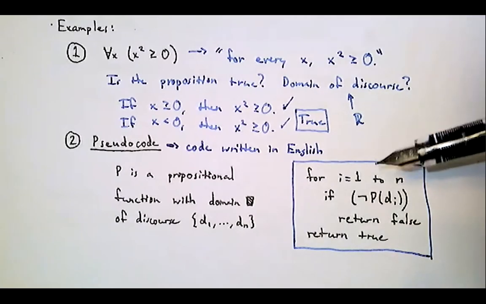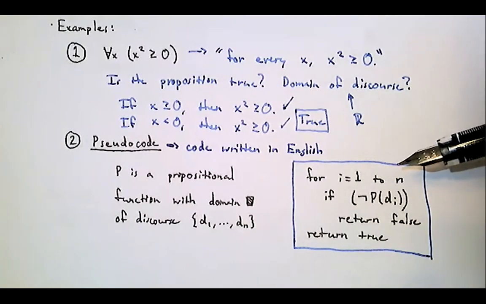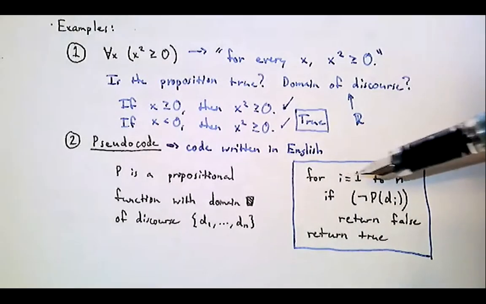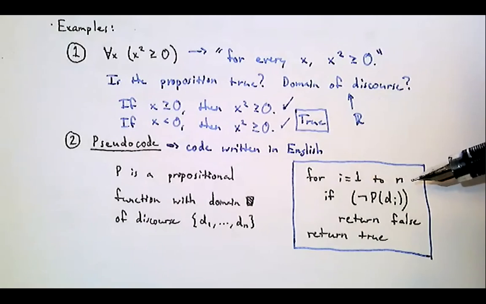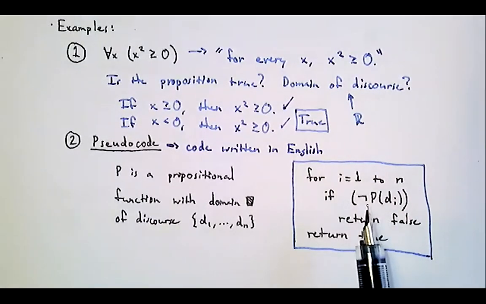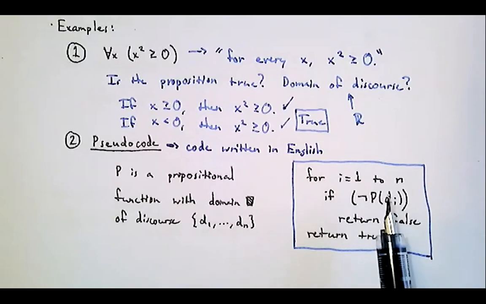And I've written, or actually the textbook author wrote this little bit of pseudocode. It says that for I equals 1 to n, if the negation of the proposition is true, then the program here is going to return a false.